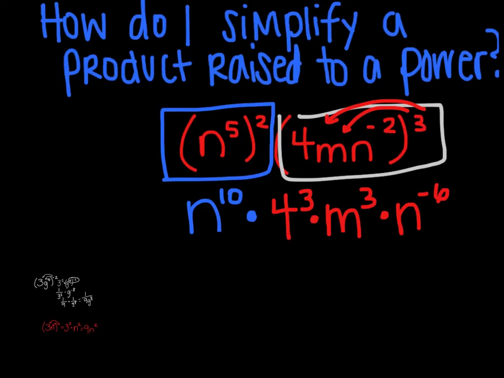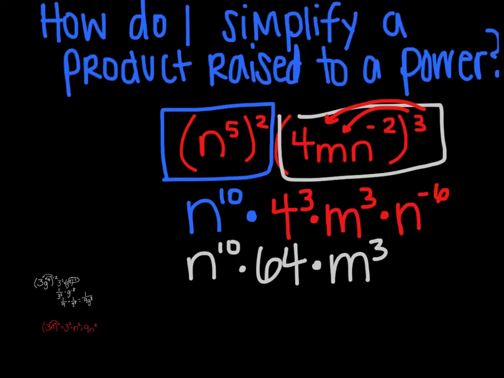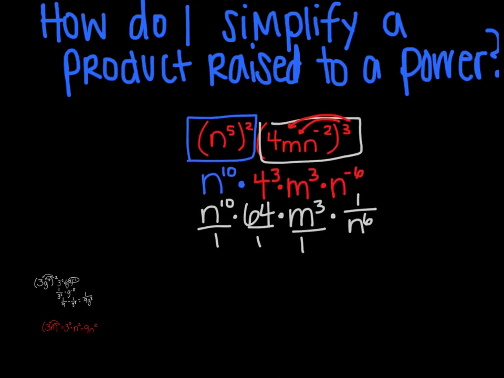And now we can evaluate a little bit more. n to the 10th is going to stay n to the 10th. 4 to the 3rd is 64. m to the 3rd stays, and then I have n to the negative 6, which is 1 over n to the 6th power. Because we're multiplying here, we can simplify this down just a little bit more.